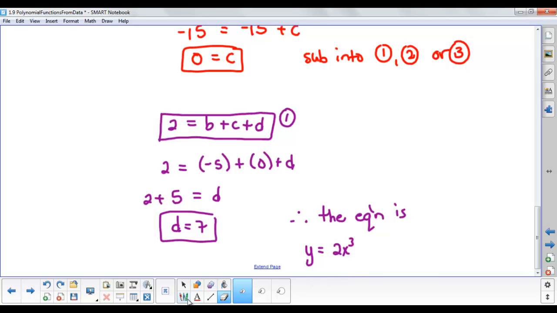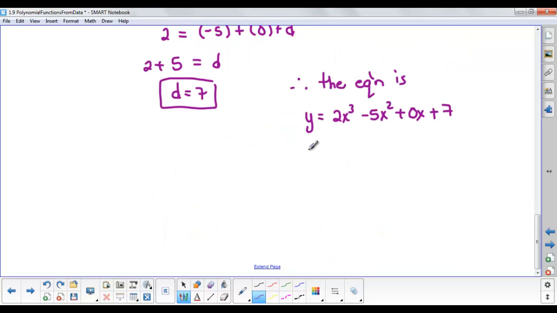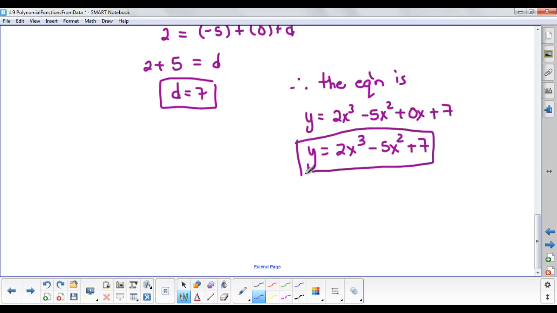I should say minus 5x squared plus 0x plus 7. And you don't really need to write the 0x, so that would be our final answer. This is the equation that will give you all of the values in our table of values.